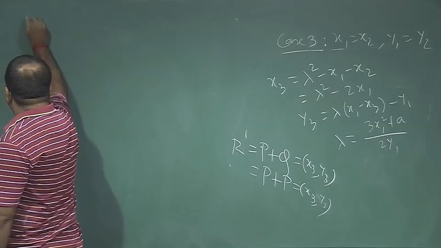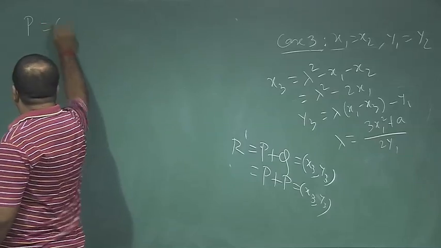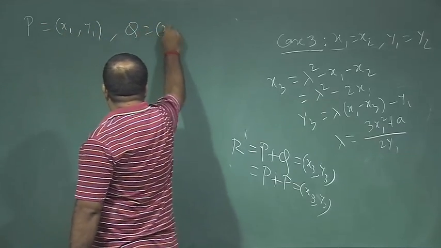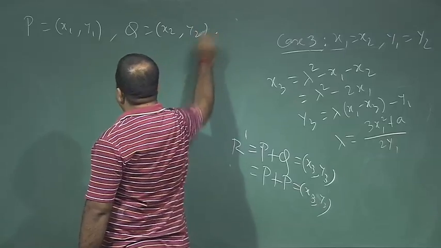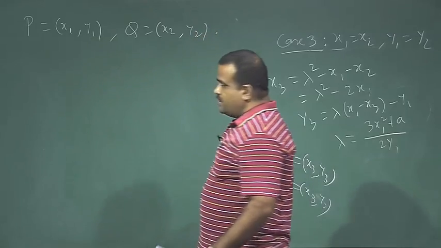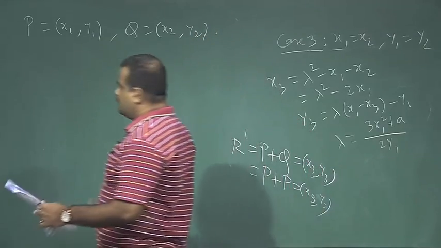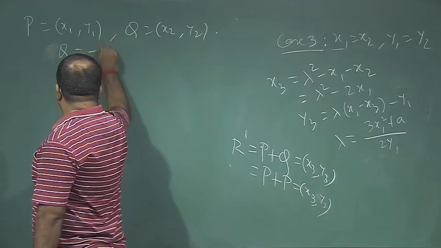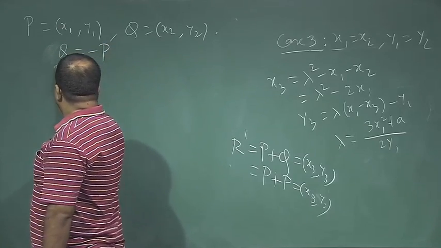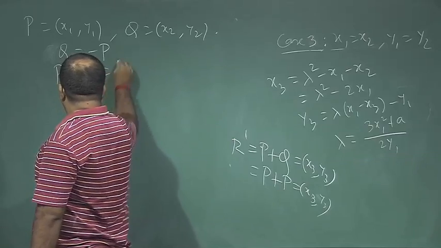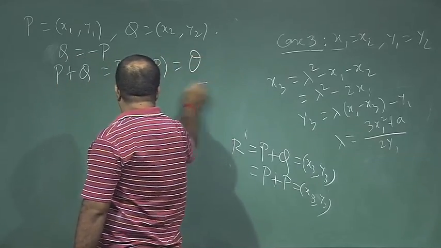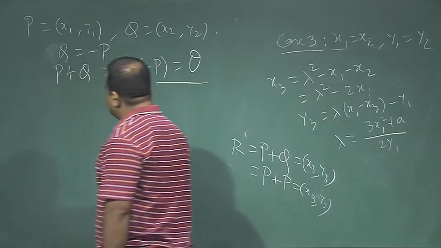Let us just summarize this. If P is equal to say x1 y1 and Q is equal to x2 y2, how do we define the sum? We define the sum in this way. If Q is equal to minus P, then the sum, which is basically P plus minus P, is basically theta, this is the point at infinity.